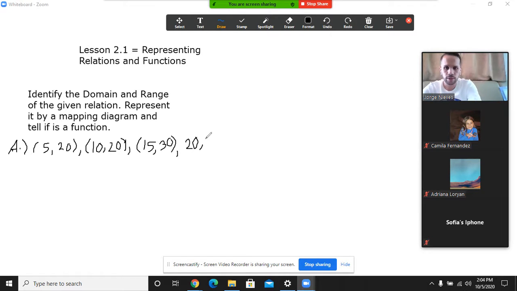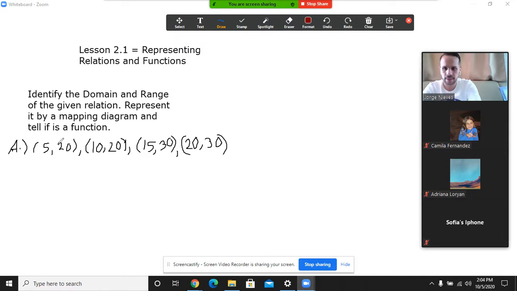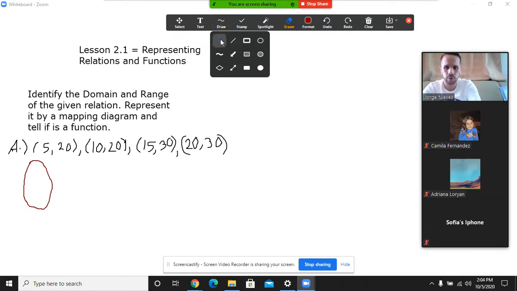So the first thing I'm going to do is put this on the mapping diagram. You can remember a mapping diagram is this. We're going to put on this side the X values, and on the other side the Y values, that we also can call domain and range, or input and output. You remember that?